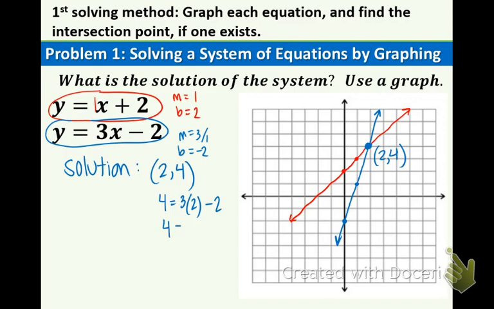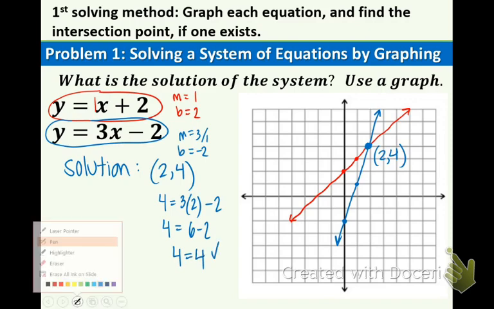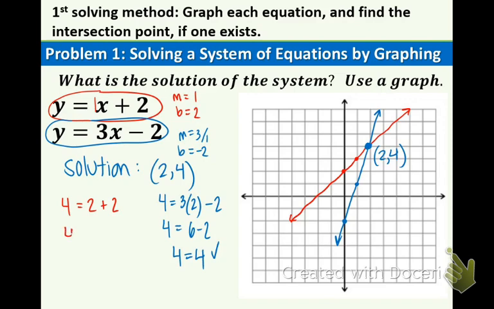So 4 equals 6 minus 2. 4 equals 4. That works. So the second equation works. And let's check the first one. 4 is going in for the y, 2 for the x. And that also works. 4 equals 4. So we showed how to graph two lines, and their intersection point is called the solution, and then the checking process is just the normal plugging in.